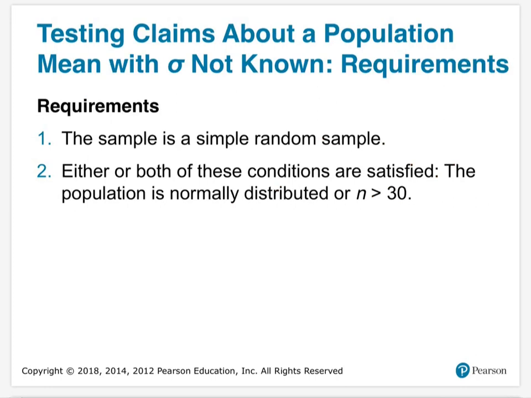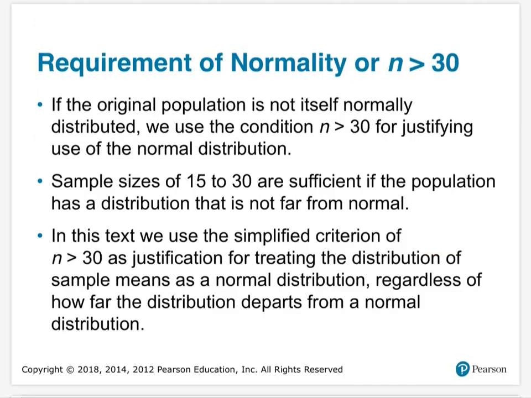All right, so testing claims about a population mean with sigma not known, requirements. The sample is a simple random sample, and either or both conditions: remember how we talked about you have to have a normally distributed population or the number in your sample has to be greater than 30. So that's the same thing as before.